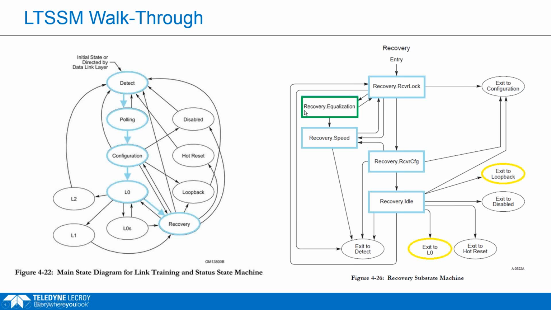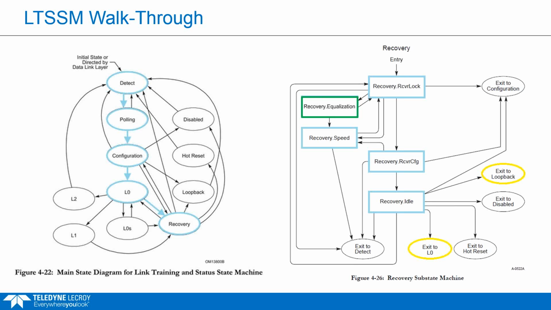And one of them you'll see is this recovery.equalization. This is where the link training is done, the dynamic equalization, to adjust those equalization parameters for that specific channel. And so it's in this recovery equalization state that we're going to focus most of this presentation, explaining how that works and some of the common problems we see in there.